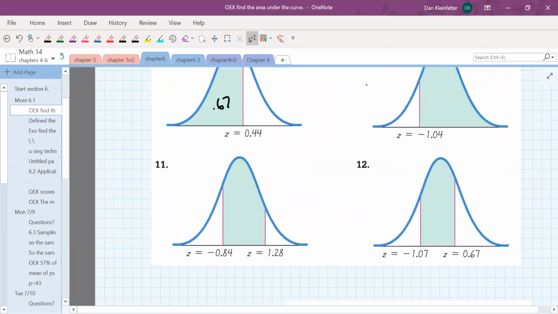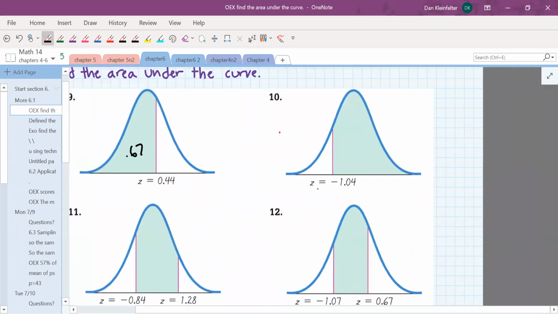Okay, working our way across next. Here we have a z of negative 1.04. There's a couple of steps to this. For one, we want the area to the right of that. Thinking about it using symmetry, this would be the same as the area to the left of positive 1.04.